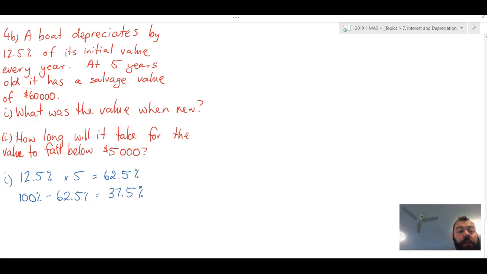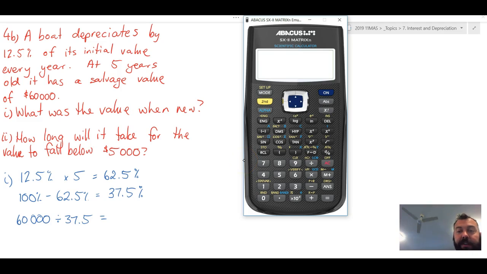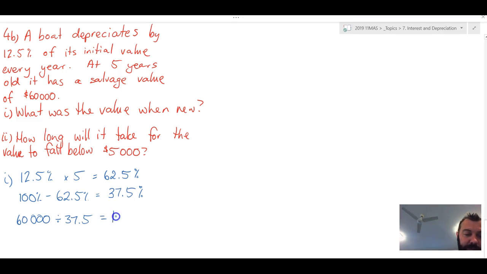I know that 37.5% of some number equals 60,000. So if I do 60,000 divided by 37.5, right, this is going to tell me what 1% is. Calculator's turned off. So 60,000 divided by 37.5 equals 1,600. Okay, is that right?